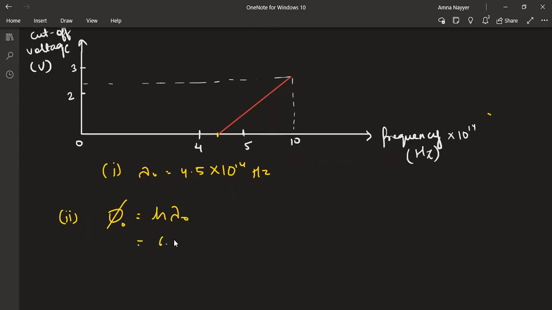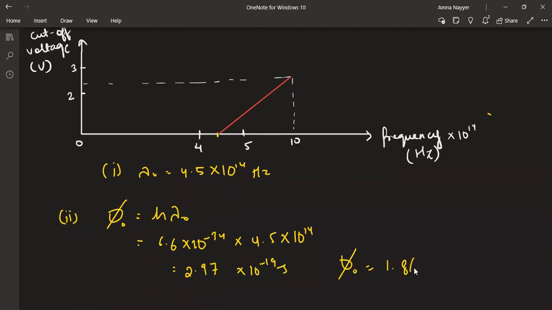This is 6.6 into 10 to the power minus 34, or make it 6.63, times 4.5 into 10 to the power 14 hertz. So this will be around 2.97, or almost 3, into 10 to the power minus 19 joules. And in terms of electron volt, as rightly answered by Imad, this will be 1.85 or 1.86, around this much electron volt. Note down the solution, class.